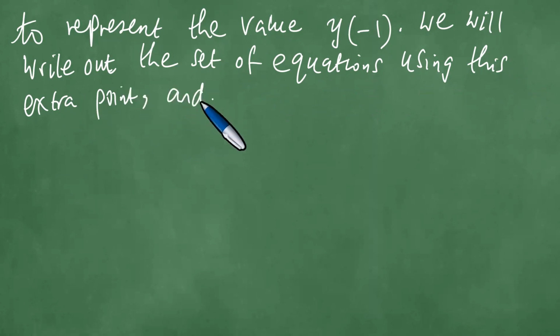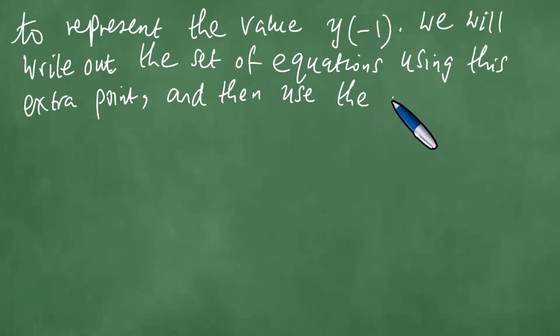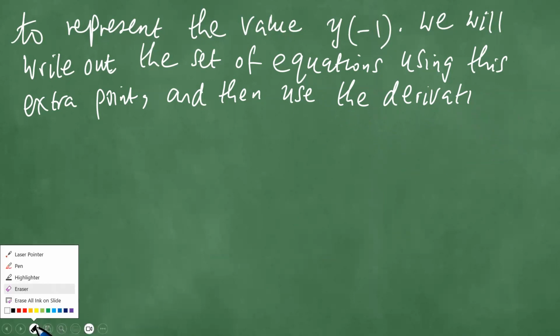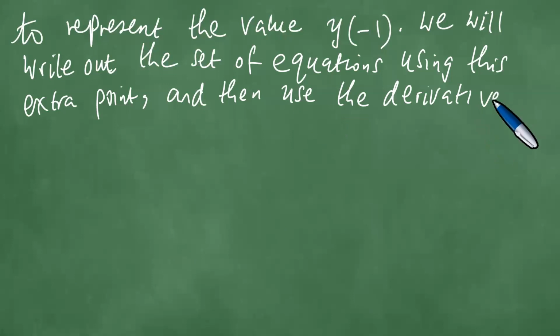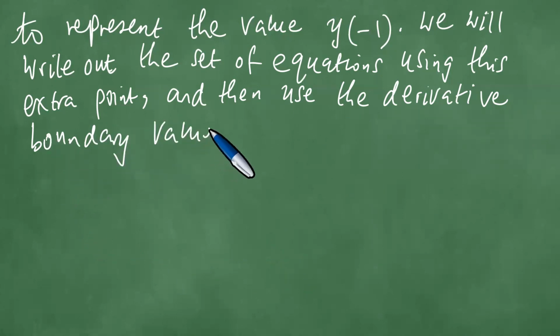And then use the derivative, right, something called the derivative boundary value to eliminate it.